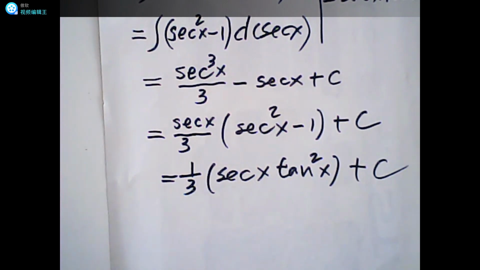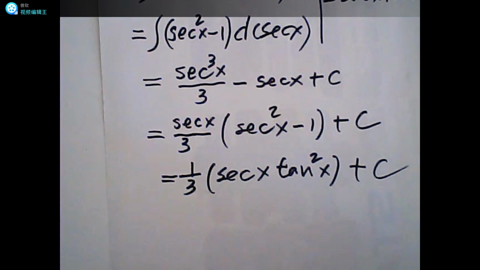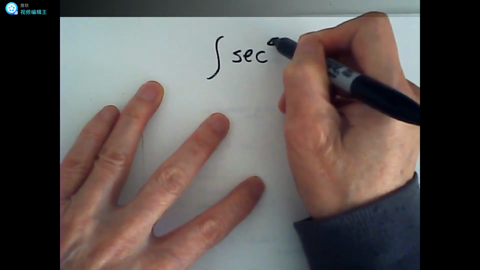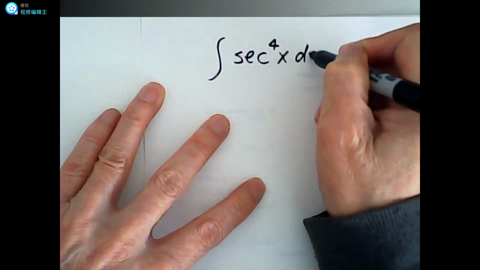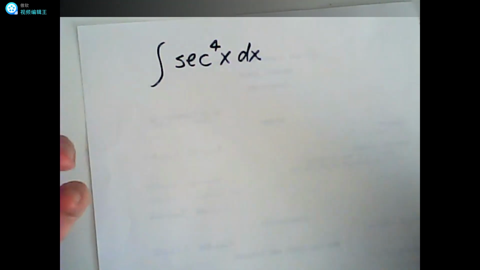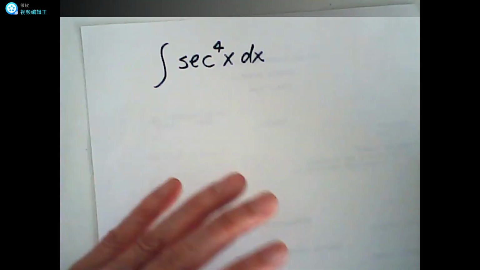Okay, let's do one more. This is, say, the integral of secant 4th x dx. Now we cannot integrate directly because there's no formula, right?